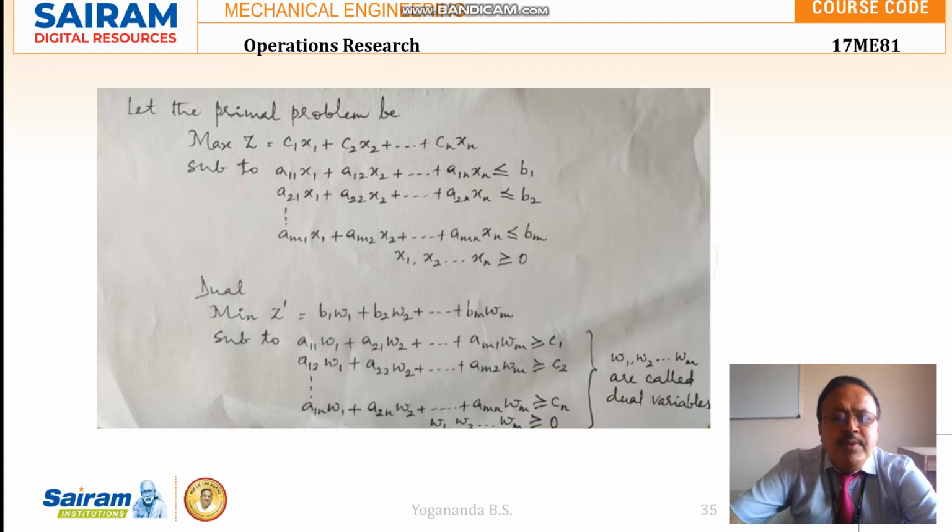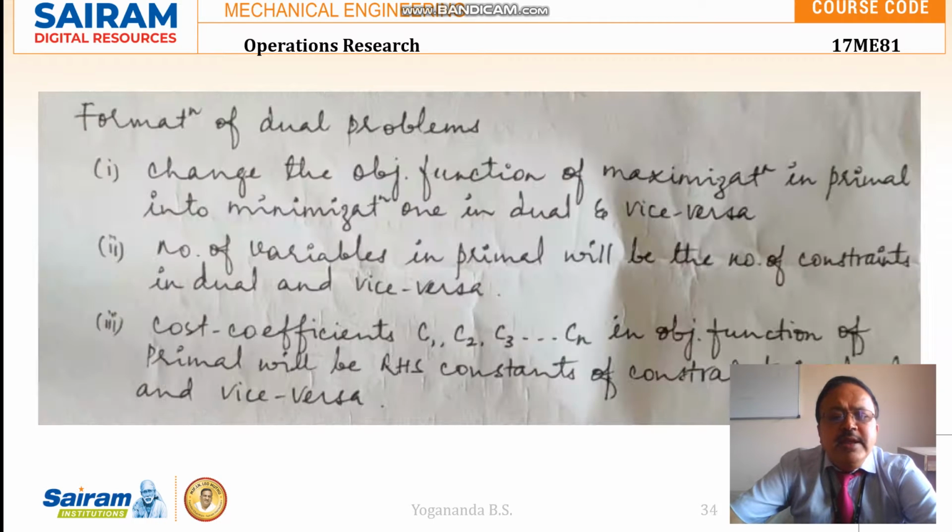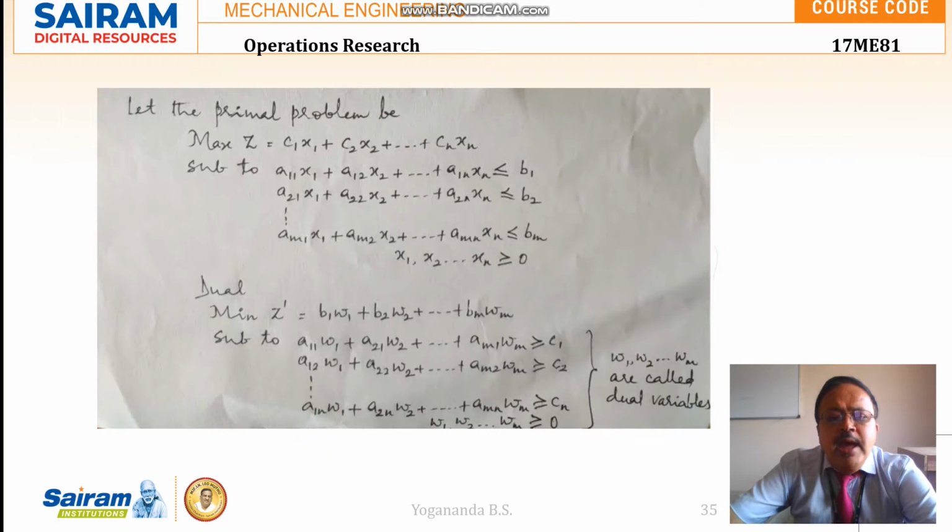So minimization of z dash is equal to the b1, b2, b3 till bm as the coefficients, that is b1 w1 plus b2 w2 so on till bm wm, subjected to the constraints.